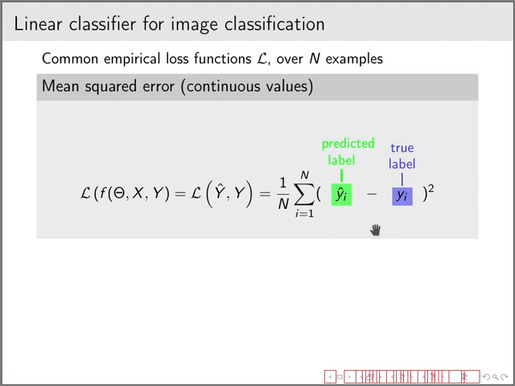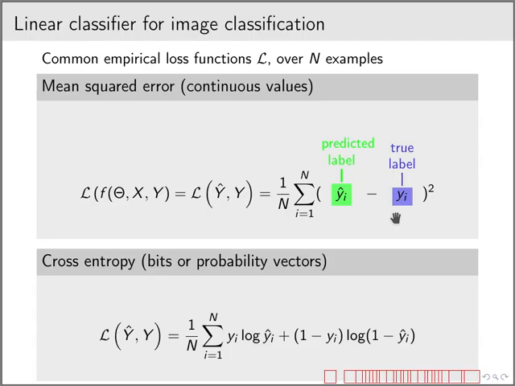What is the point of comparing if I know the true label? Well, remember, I'm going to use that to minimize the function. I'm going to use that for the optimization. So I'm actually using the data that we know the labels for to find the parameters for future data.